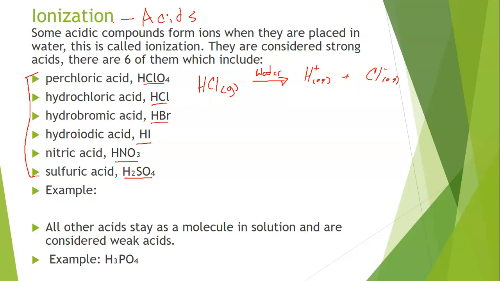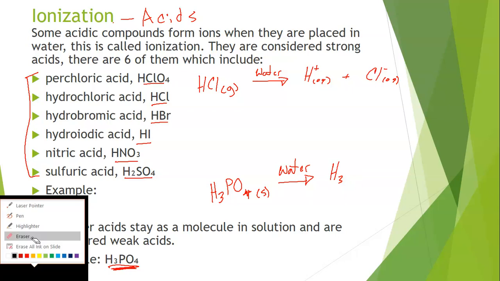We have more than these six acids in general. These are strong acids. Down below here, this is a weak acid. This is phosphoric acid. So if we're looking at phosphoric acid, here's the compound. When it gets mixed into water, it becomes the exact same thing.